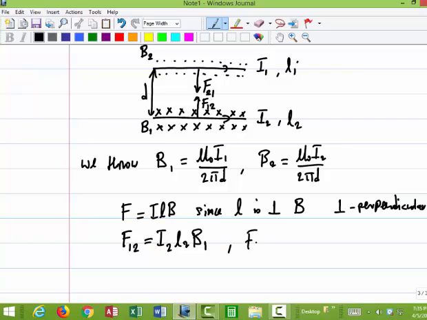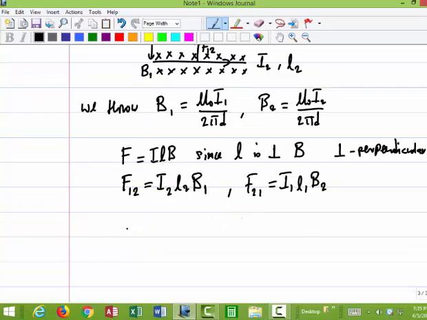And then the force of 2 on 1 is equal to the current in 1, length of 1, and the field of 2. And so force of 1 on 2 is equal to I2 L2 B1, which is mu naught I1 over 2 pi d.